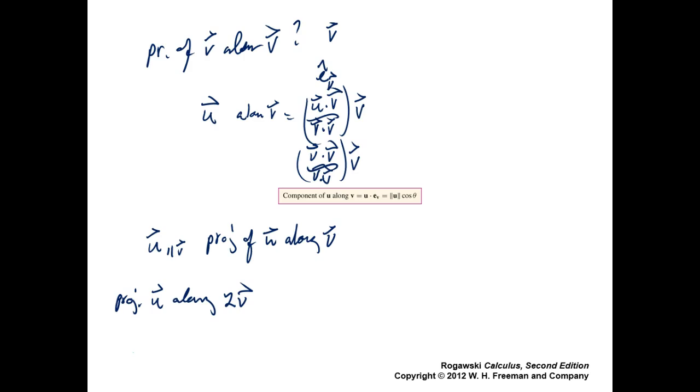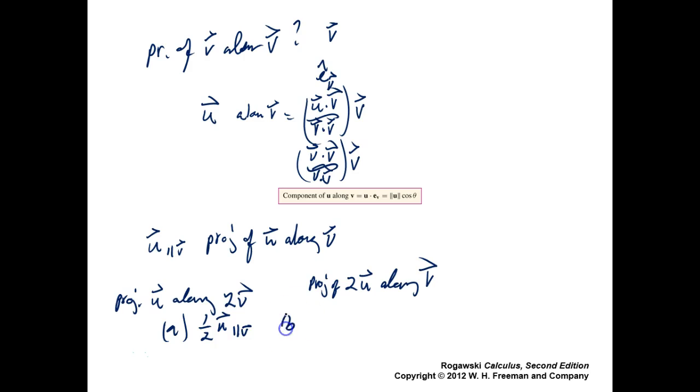And which is the projection of 2U along V? Now, A is 1/2. That would be U along 2V.